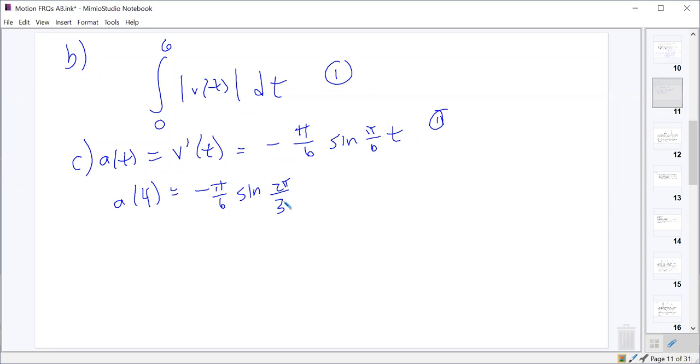And the sine of 2 pi over 3 is a positive value, so this is a negative value. And then we'll look for v of 4, which was cosine of 2 pi over 3. And the cosine of 2 pi over 3, that's a second quadrant angle. And in the second quadrant, cosine is negative. So since they both have the same sign, they're both less than 0, the speed is increasing.